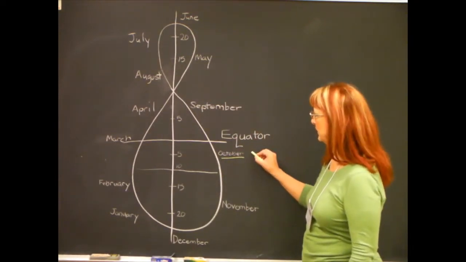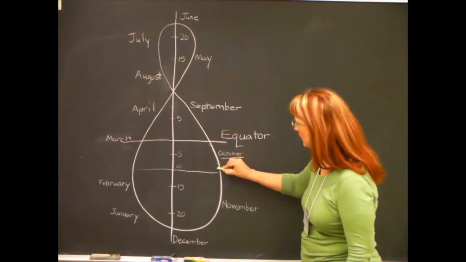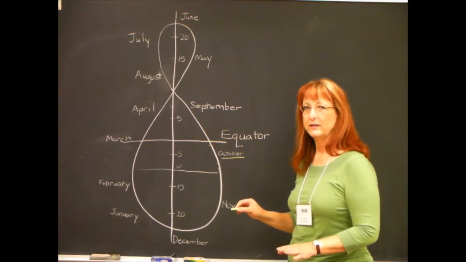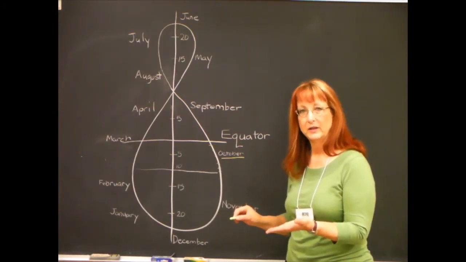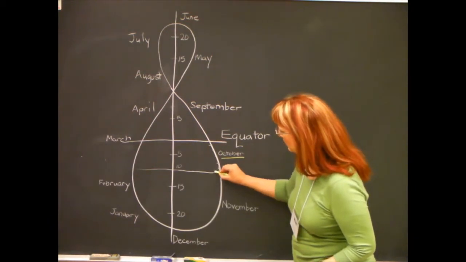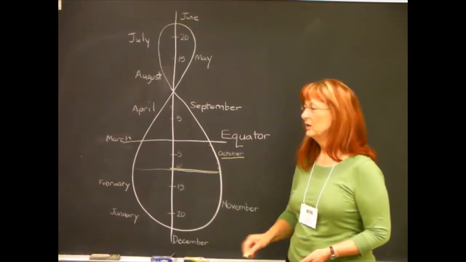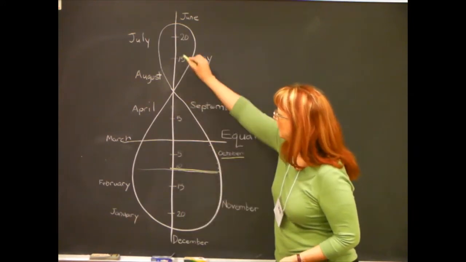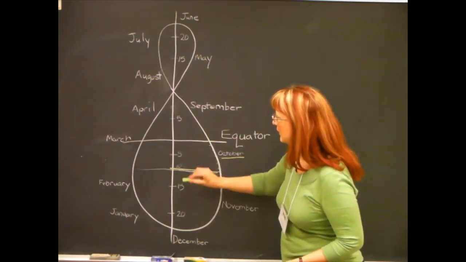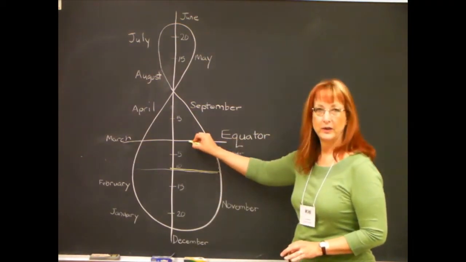So, here's October, and if you look along the edges here, you'll see all kinds of little tick marks on your analemma that you have at home. Now, you simply follow this over to the center. If you look at the center, you will see that there's little numbers here and this equator.